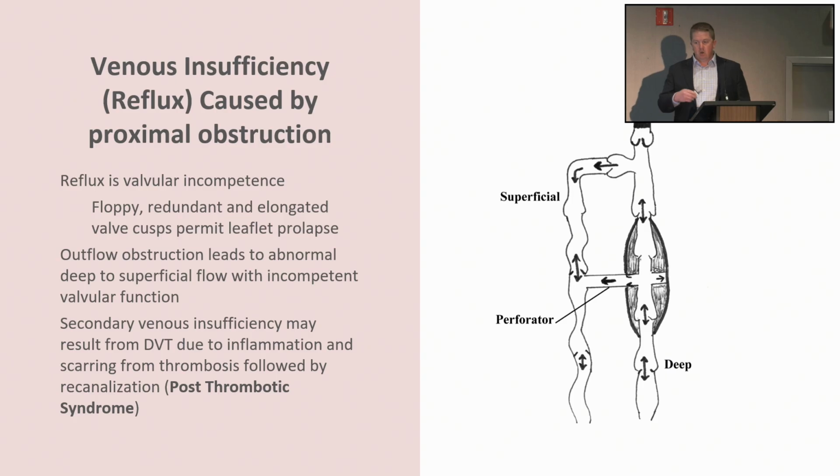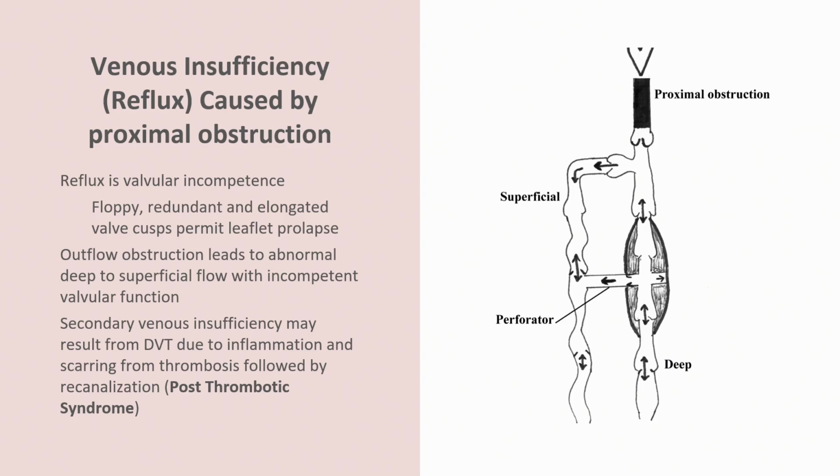The reflux can be a vicious cycle and lead to superficial venous reflux, which can cause the valves in the veins to wear out, and we'll talk about superficial venous reflux later. But like Tina alluded to, when a patient presents with venous symptoms in our office, we do a workup above the inguinal ligament and below the inguinal ligament.